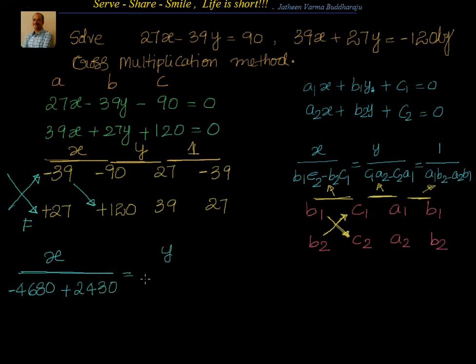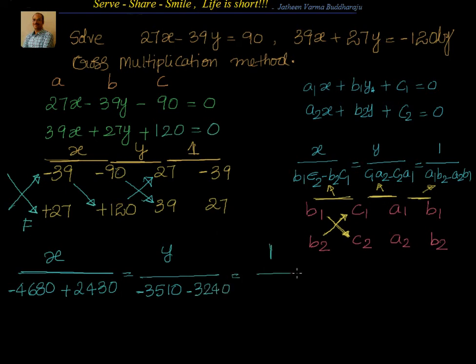That's equal to y divided by, and here you apply the same logic. First c1 with a2, that is minus 3510. Then one more, c1 a2 minus c2 a1, so I will have 27 into 120, that is 3240.